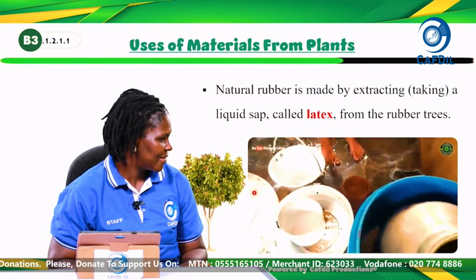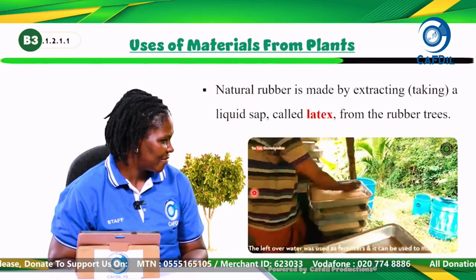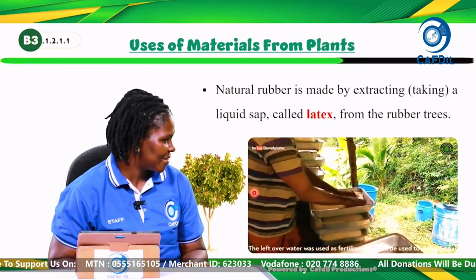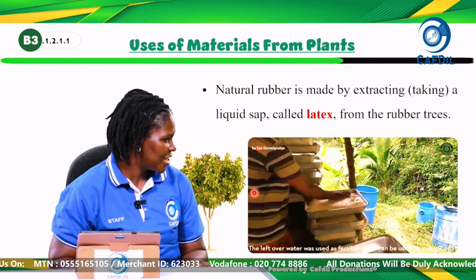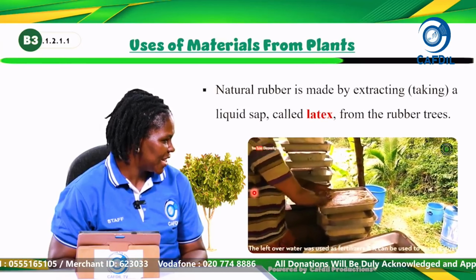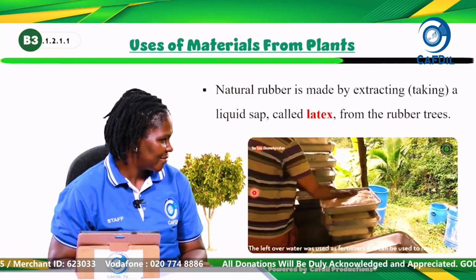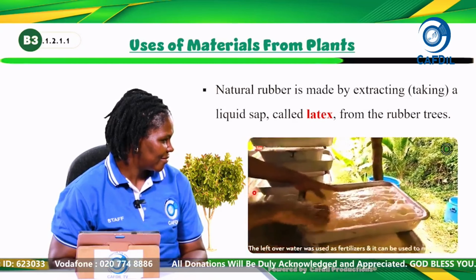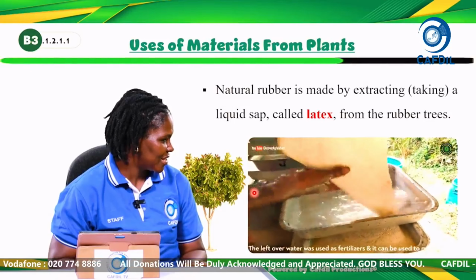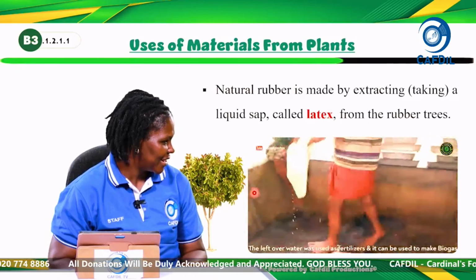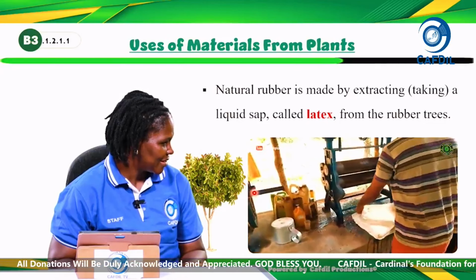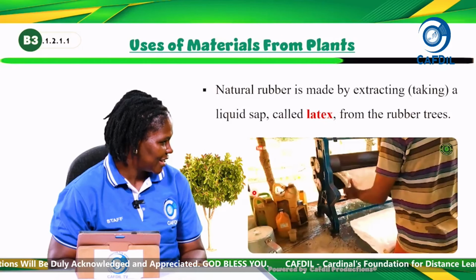So that is it. It will take the shape of the container there. So this is the rubber. And then they will remove it and put it in another machine.